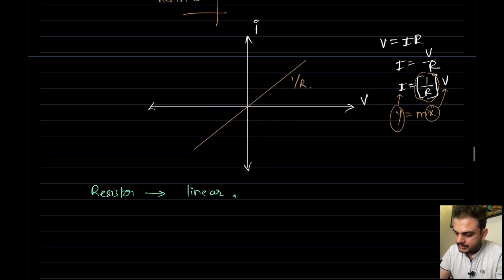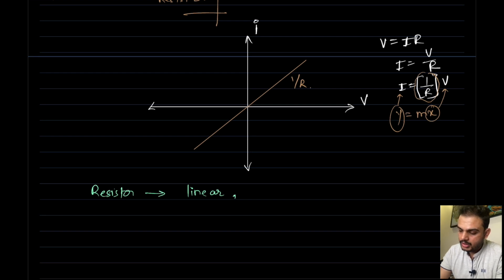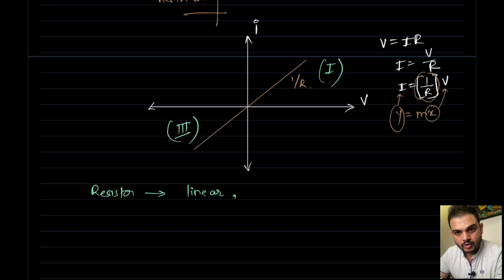This is also passive, because the characteristic of the resistor falls between the first quadrant and the third quadrant. This is my first quadrant, this is my third quadrant. Whichever element's characteristic lies between the first and third quadrant is considered a sink or passive element.